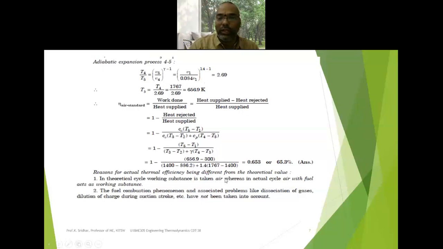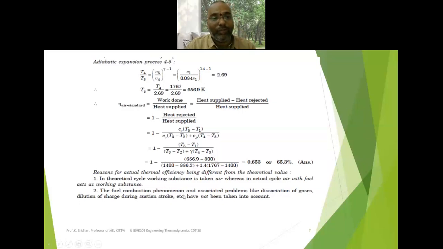We have taken only air as the working fluid for ideal purposes. But when we deal with actual engines, they work only with air plus fuel. So whenever we consider the air plus fuel characteristics, automatically the working properties will change, and that will be reflected in the efficiency values.